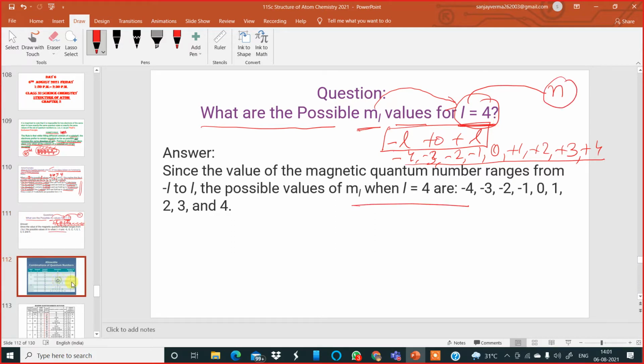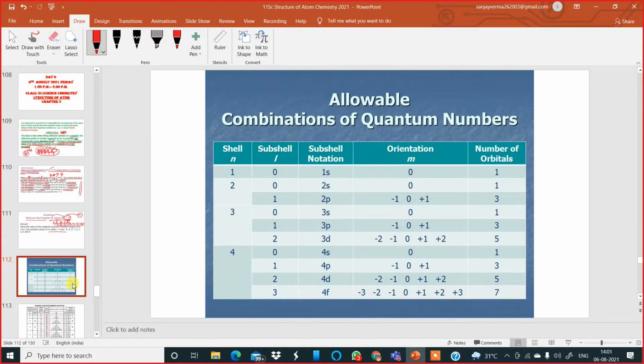Now look at the next slide, which I have tried to explain in yesterday's class, in the previous class. Principal shell n is 1, 2, 3, 4. For principal shell n, that is value 1, subshell 0. Subshell notation is 1s. Orientation m, magnetic quantum number 0. So just try to go through this chart carefully, because this is something which I have already done yesterday.